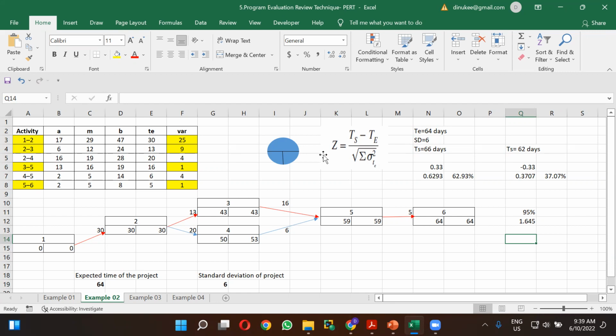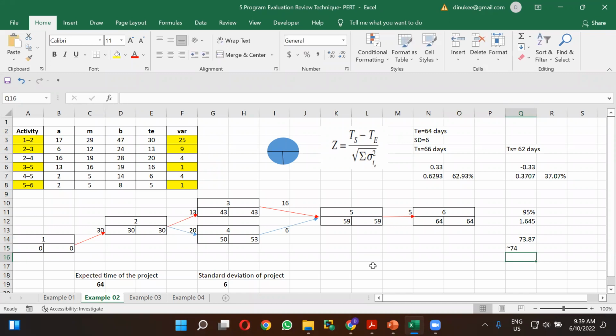So 1.645 multiplied by 6, and add the expected duration of the path, which is 64. So you are getting the answer as 73.87. If we make it approximate, it is 74 days.